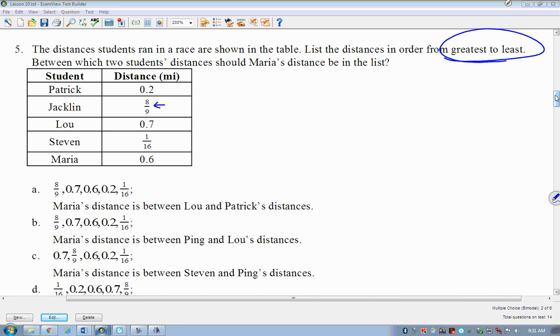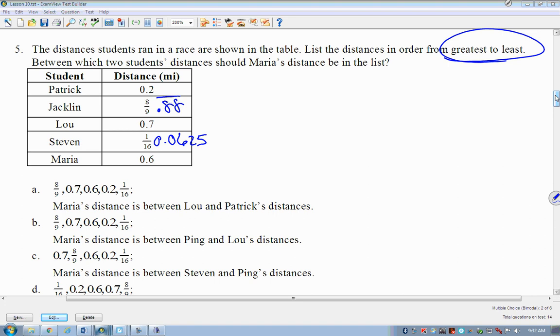What is 8/9? 0.88. Okay. And 1/16. 0.0625.